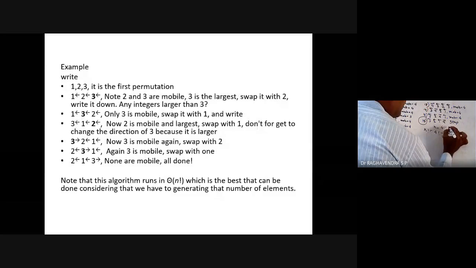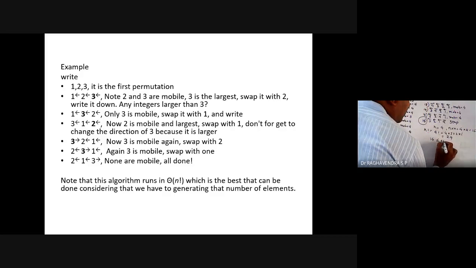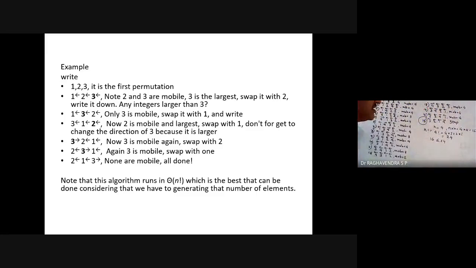But here n cross n, that is 4 cross 4 values, that is 16, and 16 is less than or equal to 24. That is different levels if you consider. So this is the way we can solve the Johnson-Trotter problem for provided n is equals to some values.